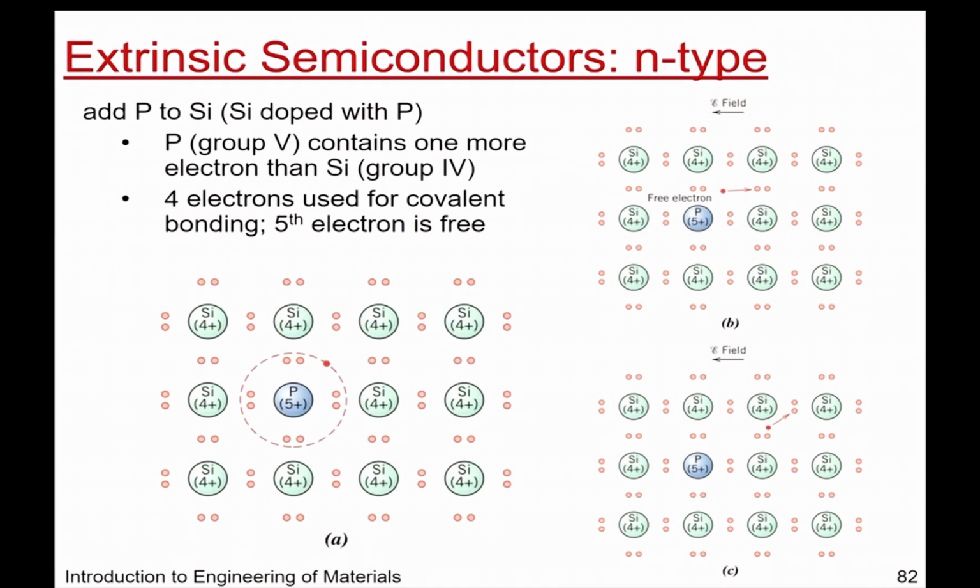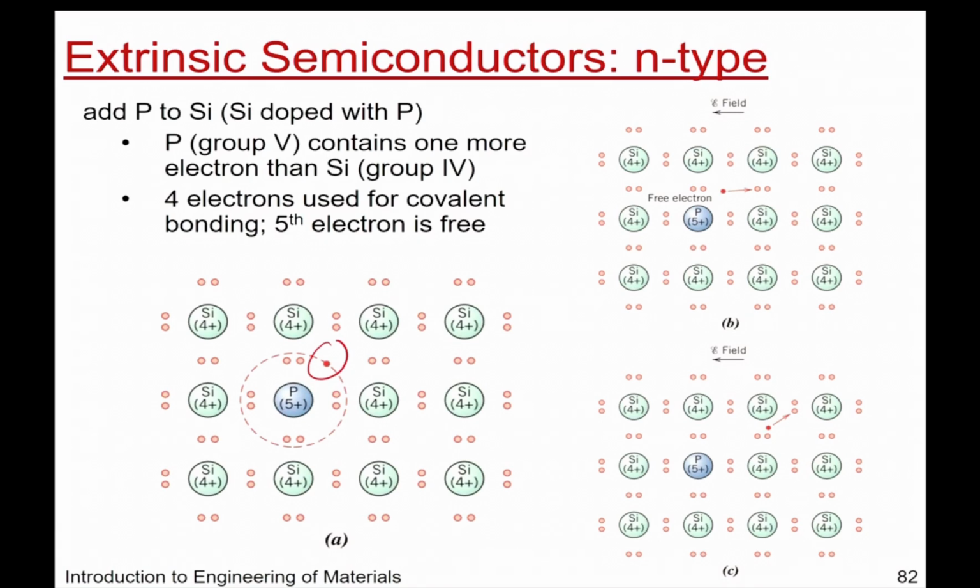So if you have a host matrix of just silicon, right, it has 4 valence electrons. If you add in phosphorus, so you go 1 over to the right in the periodic table, there are 5 valence electrons. So here is the extra electron. Clearly, all the other electrons are going to be in bonds where there's 8 electrons around them, and it satisfies the Gen Chem octet rule. That's great.